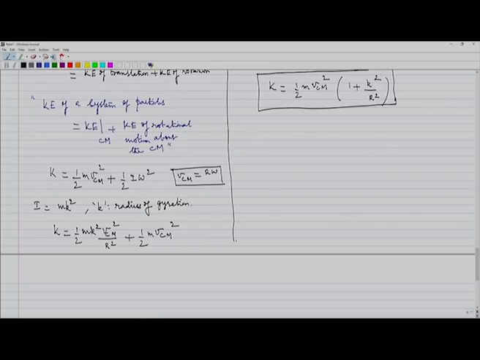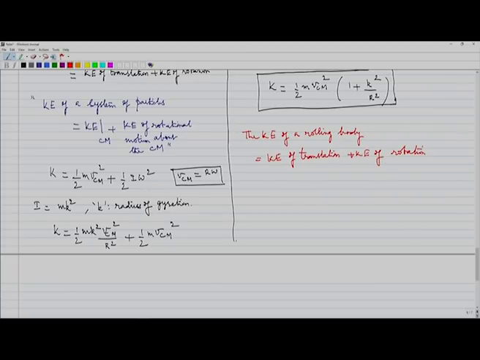So what is it that we have done? We have found the kinetic energy of a rolling body, which is equal to the kinetic energy of translation plus the kinetic energy of rotation.